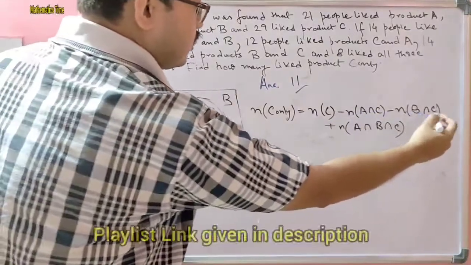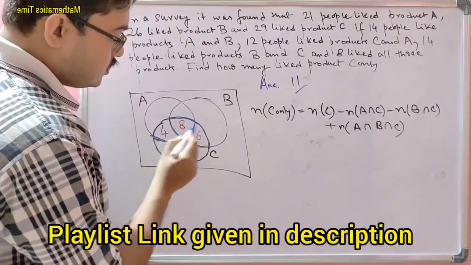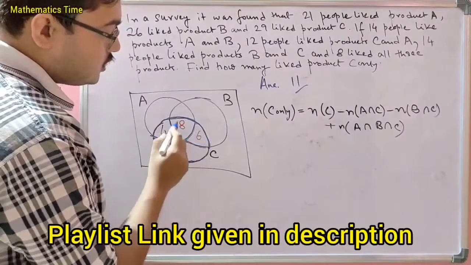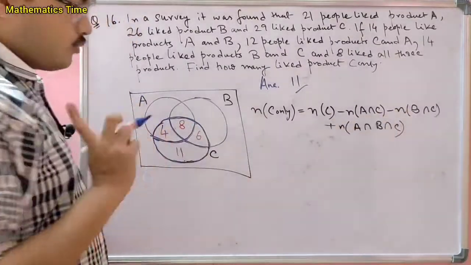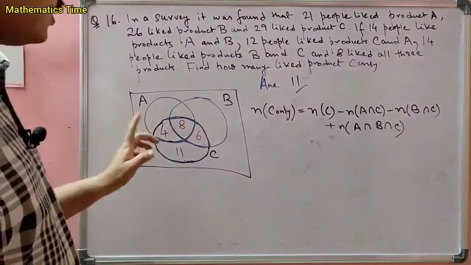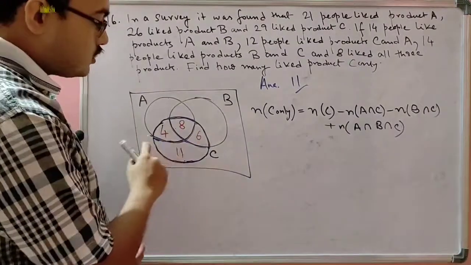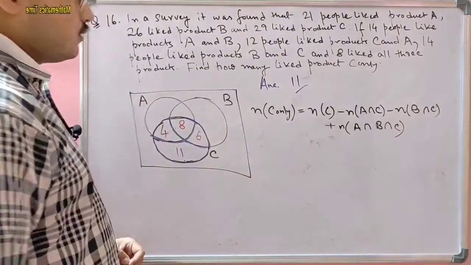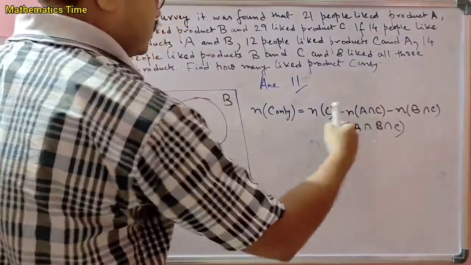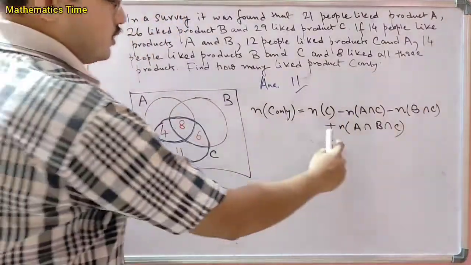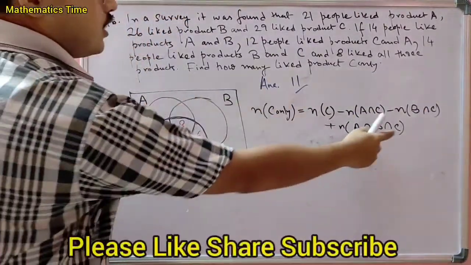It's included in here and included in here. One is A intersection C, another is B intersection C. We have to eliminate it only once, either in A intersection C or in B intersection C. As it is eliminated twice in this form, we are adding this at the end. Okay, this is the reason we are adding.